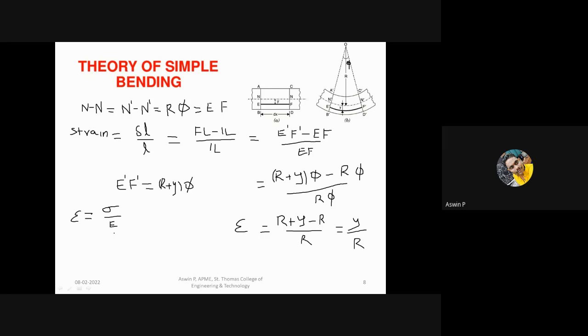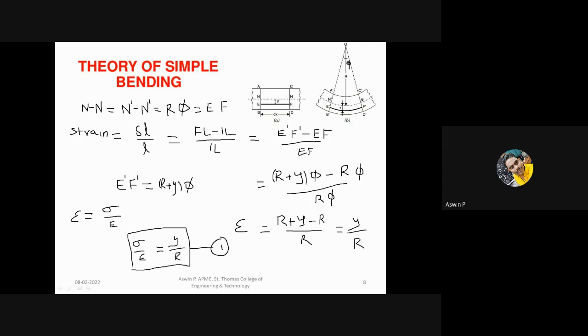When you substitute this equation, you will get sigma by E is equal to Y by R. This is a very important equation, so I am taking it in a bracket and putting it as equation 1.